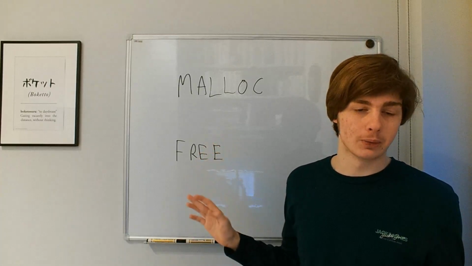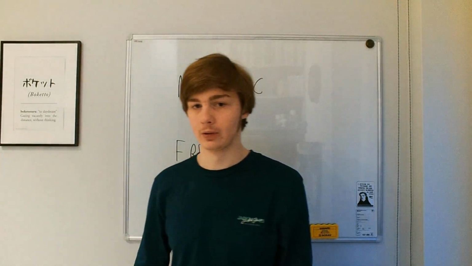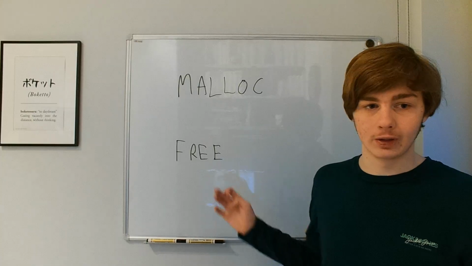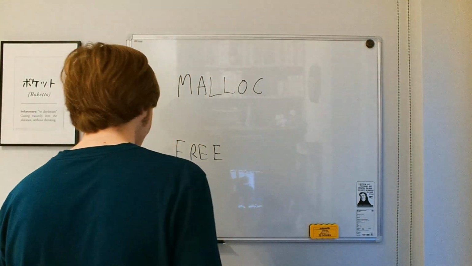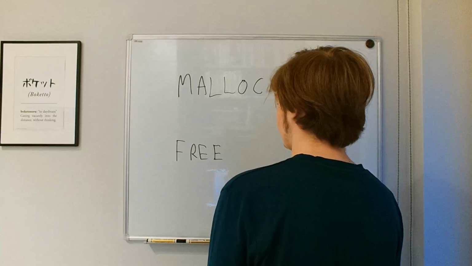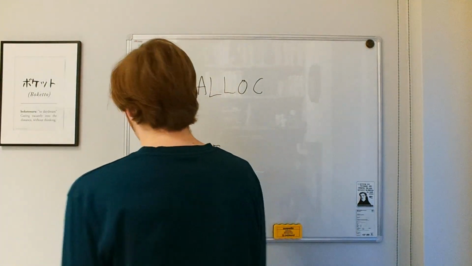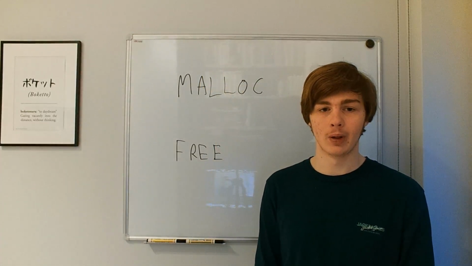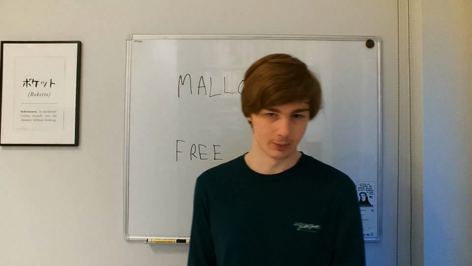I don't need it as a process anymore, and this is freed up again, and it could be allocated by another process. So this doesn't return anything, it just takes a memory address at which memory is supposed to be freed. All right, so that's the general abstract idea of malloc and free. And now let's look at some actual algorithms as for how you could implement those two primitives.